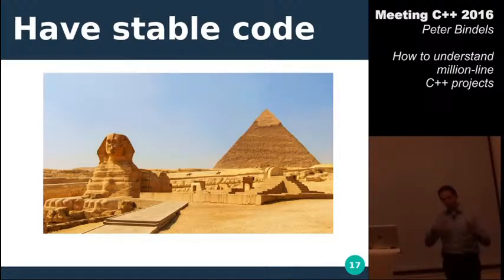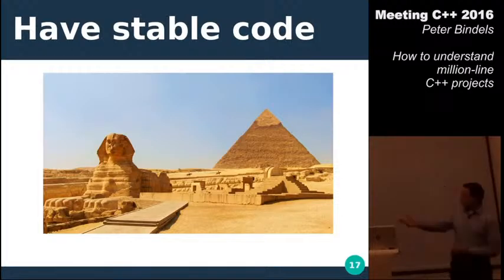If I have a component that has a header with a certain name, and I call it, say, engine, because it's the engine of my component, and now somebody else wants to use my base component, which includes the engine, if he also has his own engine, well, you're going to get one of them, but you're not sure which one. So with stable code, I actually mean your code should be in such a way that even with people modifying it, people looking at it, people using it, people not using it anymore, it should keep functioning as is.